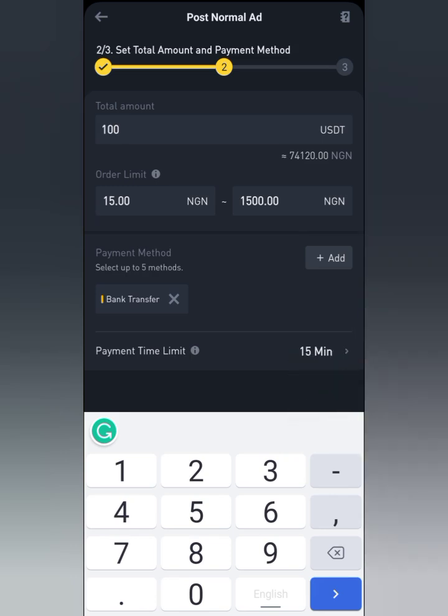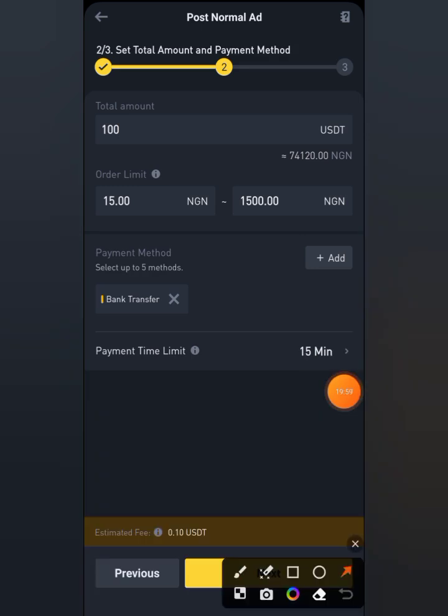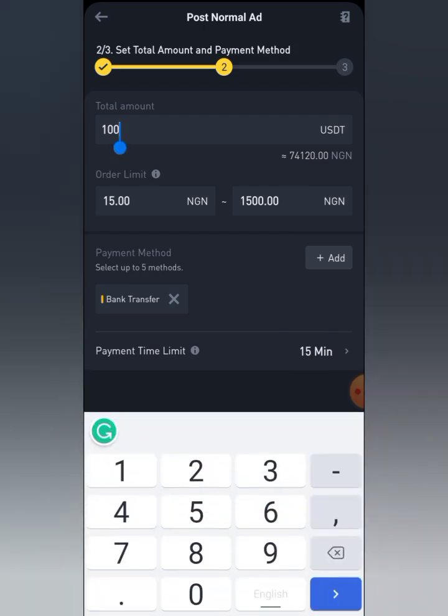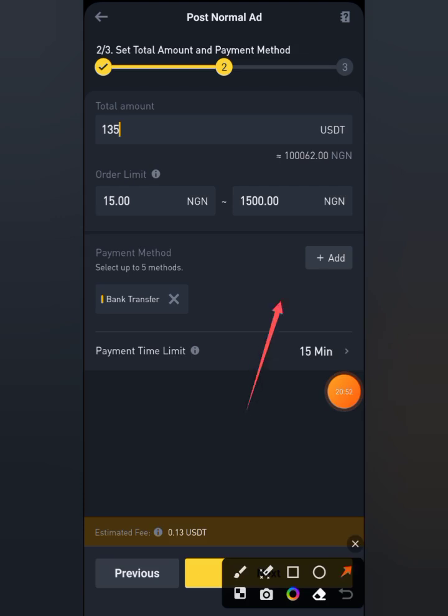It will now give you how much. Look at how much it will come at, 74,120. So I'm going to change it back. I'm saying I'm buying 120, which will still give you 189. You can make it 130. Now 132 will give you 135. You can see 135 USDT will be giving you this amount, 100,000.